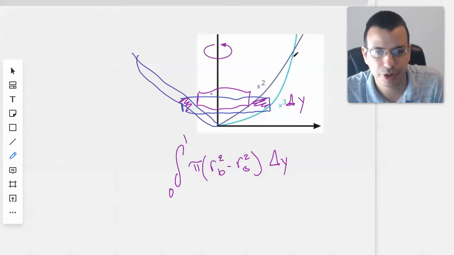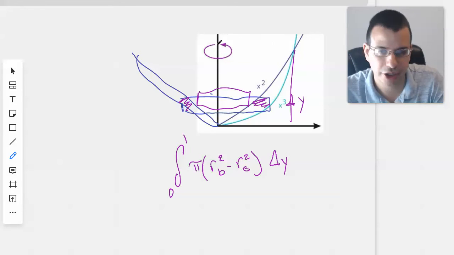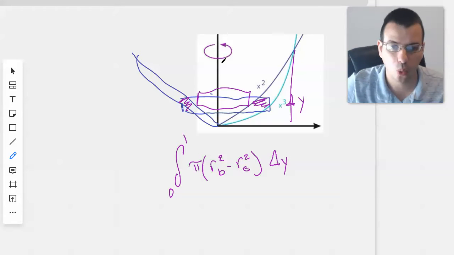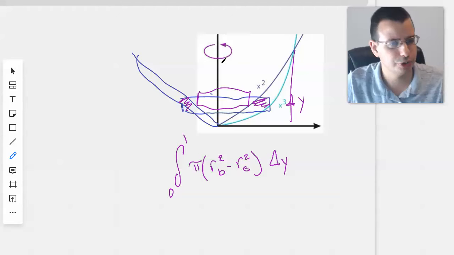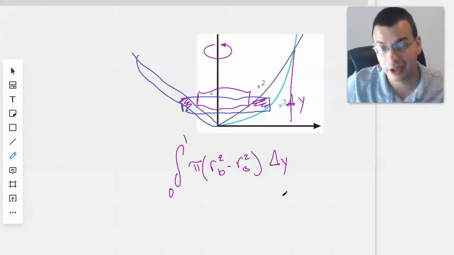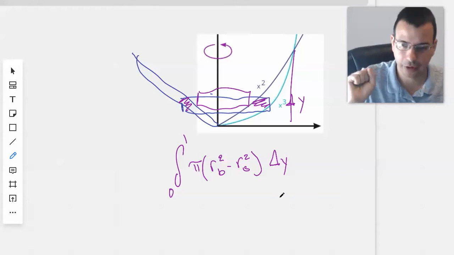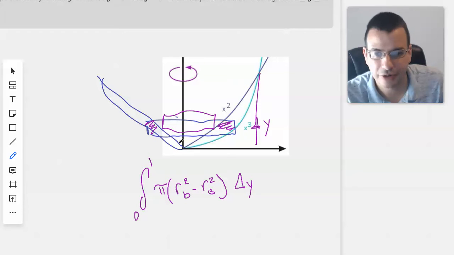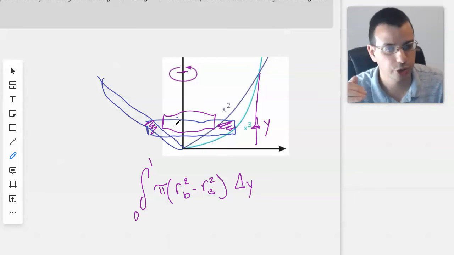And we know it's going to be 1 because x squared equals x cubed at x equals 1. X equals 1, y equals 1. Everything else equals 1 at 1 in this case. Okay, focus. So we're going to integrate from 0 to y equals 1. So we're going to integrate up.